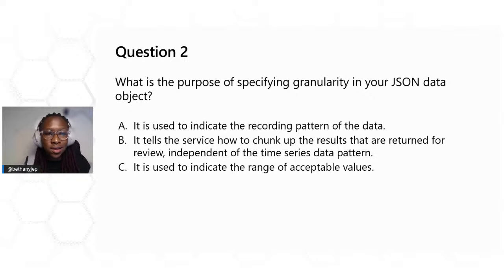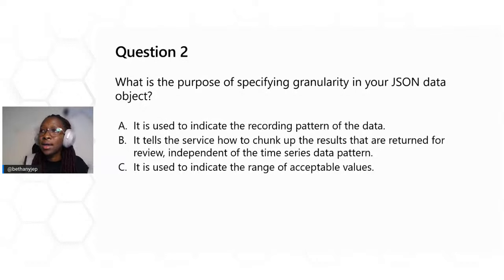Is it to indicate the recording pattern of the data, or does it tell the service how to chunk up the results that are returned for review, independent of the time series data pattern, or is it used to indicate the range of acceptable values? So what is the purpose of specifying the granularity? I want to explain what granularity is, but let's see if there's anyone who knows. So is it A, B, or C?